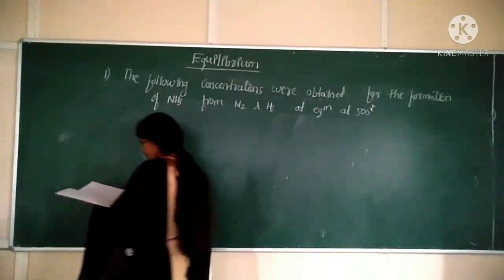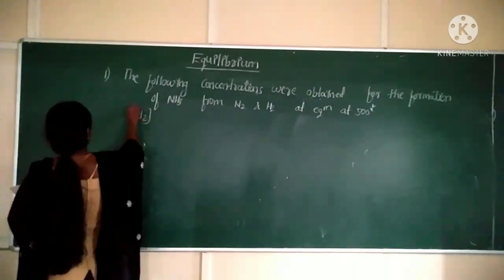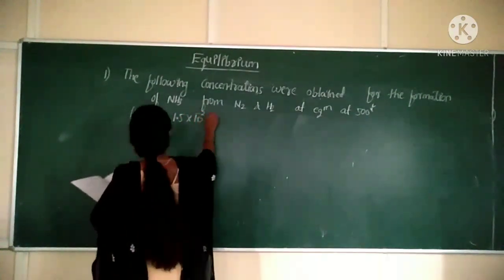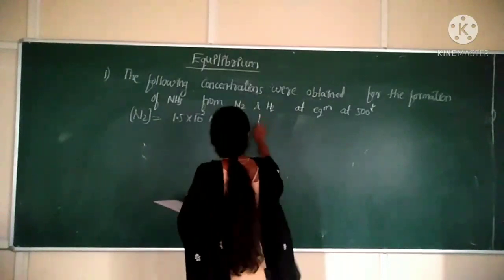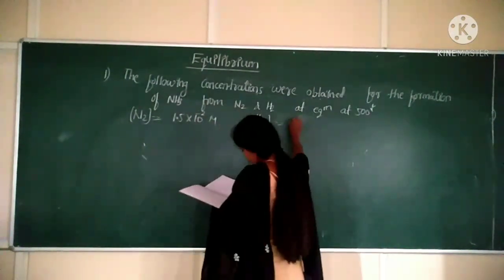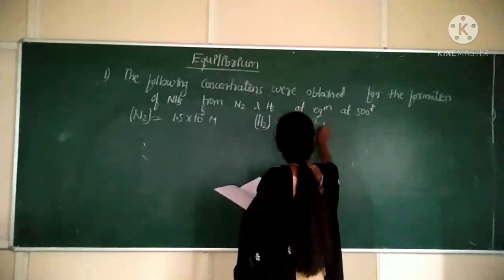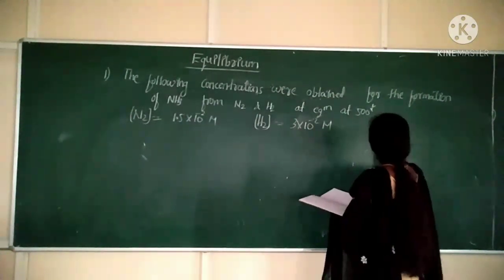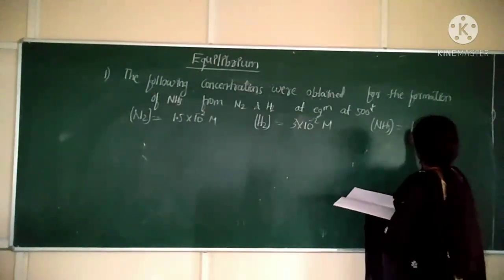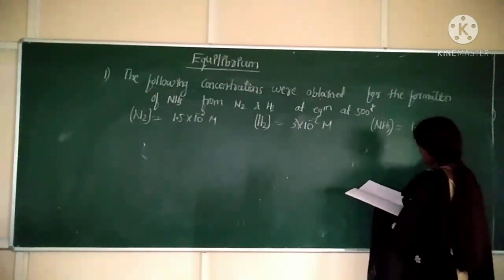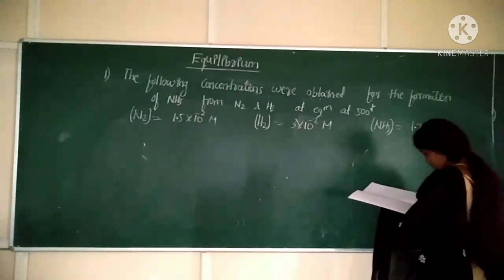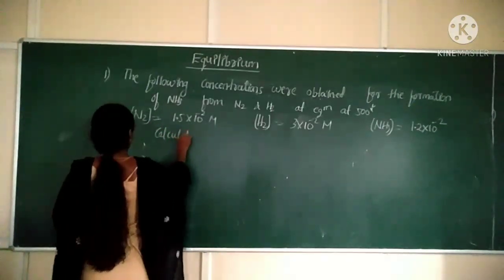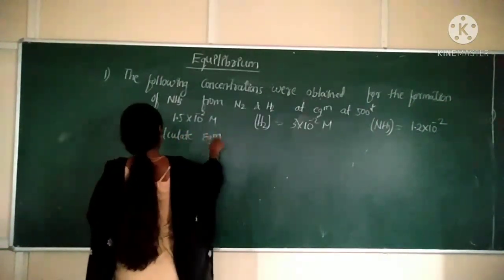The concentration of N2 is 1.5 into 10 to the power minus 2 molar. Concentration of H2 is 3 into 10 to the power minus 2 molar. Now concentration of NH3 is 1.2 into 10 to the power minus 2. Correct? Now, what is the question? Calculate the equilibrium constant.